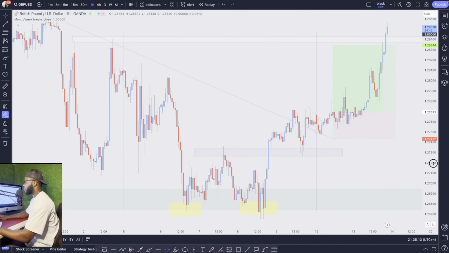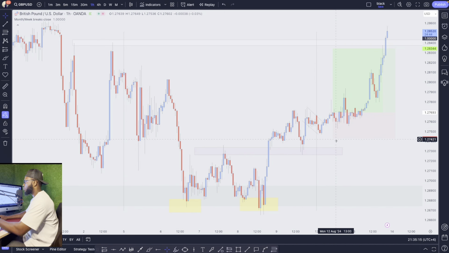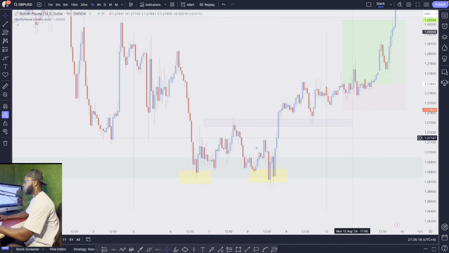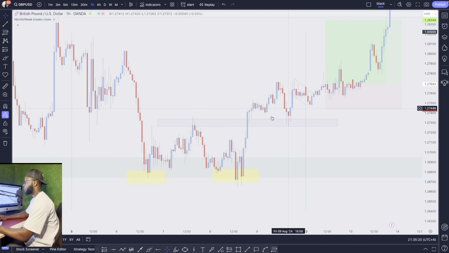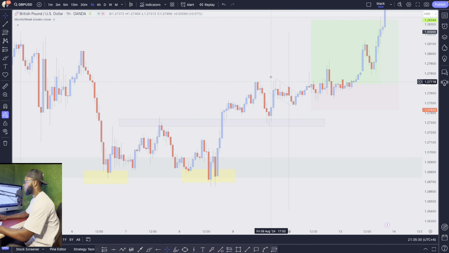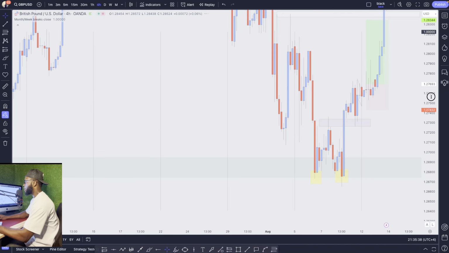That is not even the main thing, but looking at the structures, just focus on structure, right? We broke this neckline, price came back to retest, we shot to the upside impulsively. I had this nice correction, and then again you can see the break of this previous high. This was an indication that this pullback is over, and this was just the entry right here. Stop loss below this level and then take profit at this high, right?